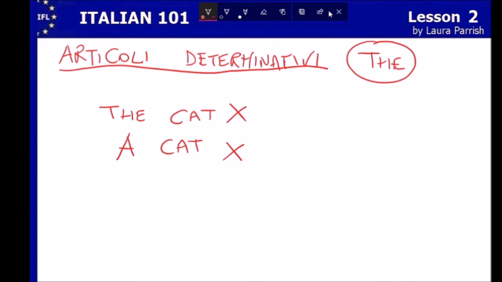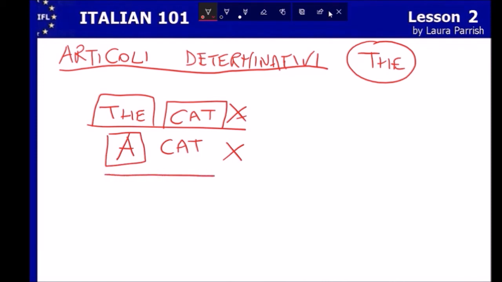The difference is that this one determines the object. So if I tell you, I want that cat, it means that I want exactly that cat. I don't want another one. There is only one cat in the world that I want, because this article called determinative makes it determinate. If instead I use the indeterminative article, and I tell you I want a cat, it means that the object, the cat, is not determinate.